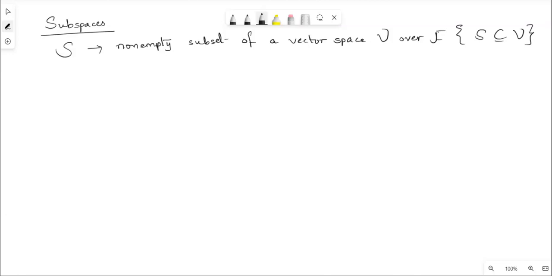It is not necessary to check all 10 of the defining conditions in order to determine if a subset is also a subspace. Only the closure conditions, that is A1 and M1, need to be considered.